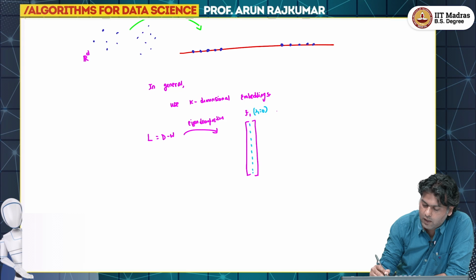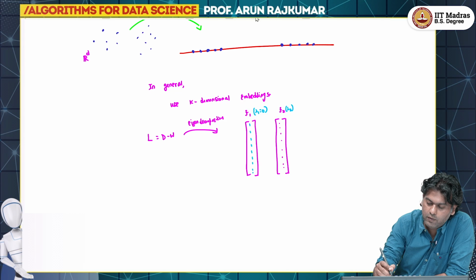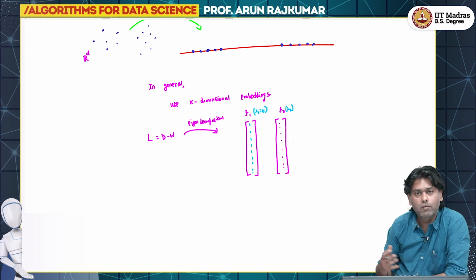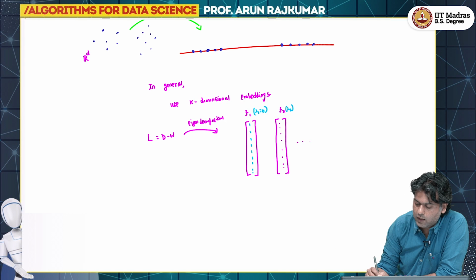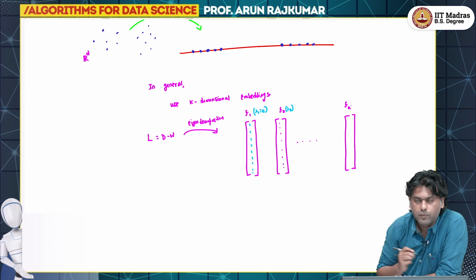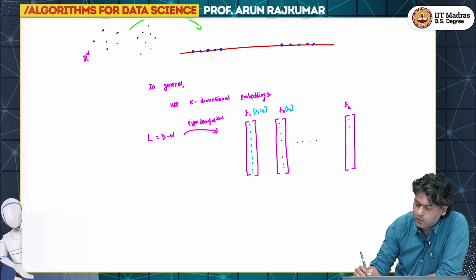Then we have F2, which is the eigenvector corresponding to lambda 2, and in fact we will have n orthogonal eigenvectors, because L is an n cross n matrix. So this would go up to Fn, but then we stop at Fk.